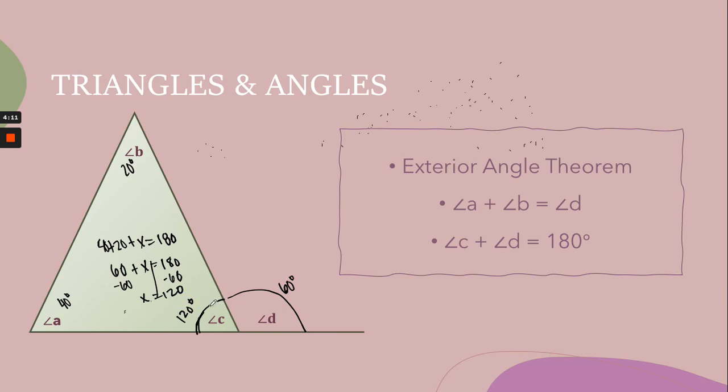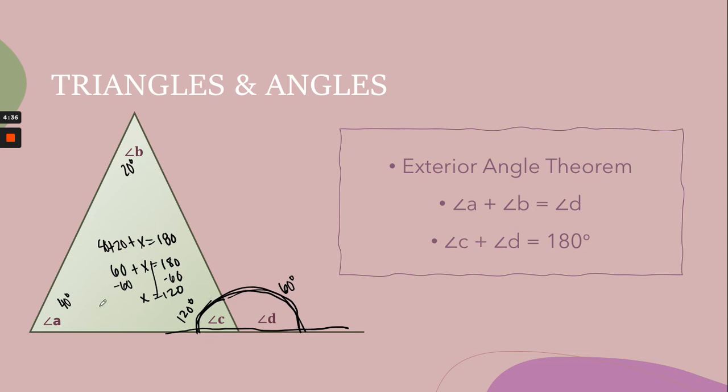Well, what are these two angles making together? This interior angle C plus this exterior angle D. They're making a straight line or a semicircle. And what do you know about that? That angle is 180 degrees, or supplementary. So angle C plus angle D should equal 180 degrees.